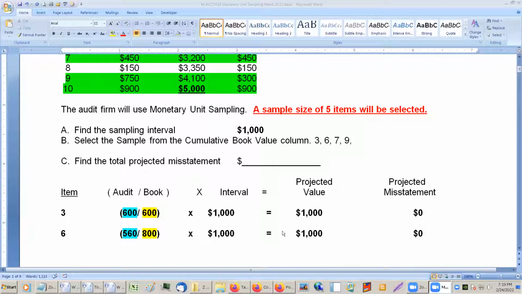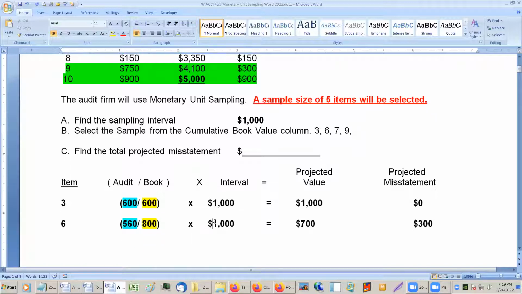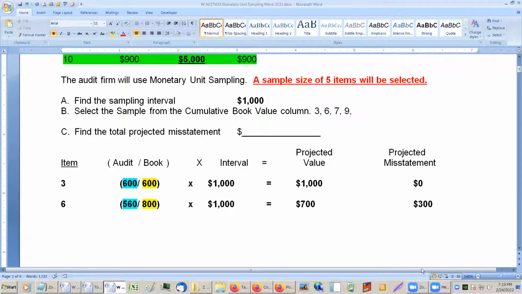So that's 700, and the misstatement will be 300. So we just did the ratio estimation on that. We said, okay, this interval is really only worth 700. So the misstatement of that interval is 300.